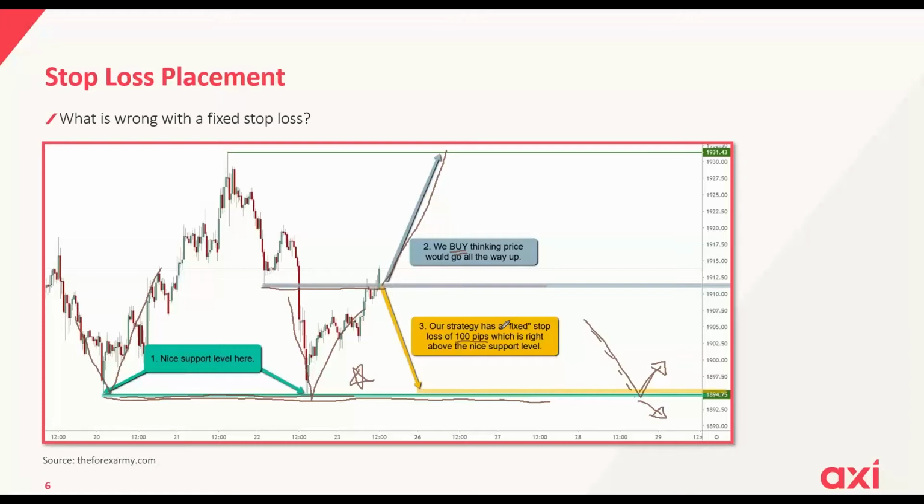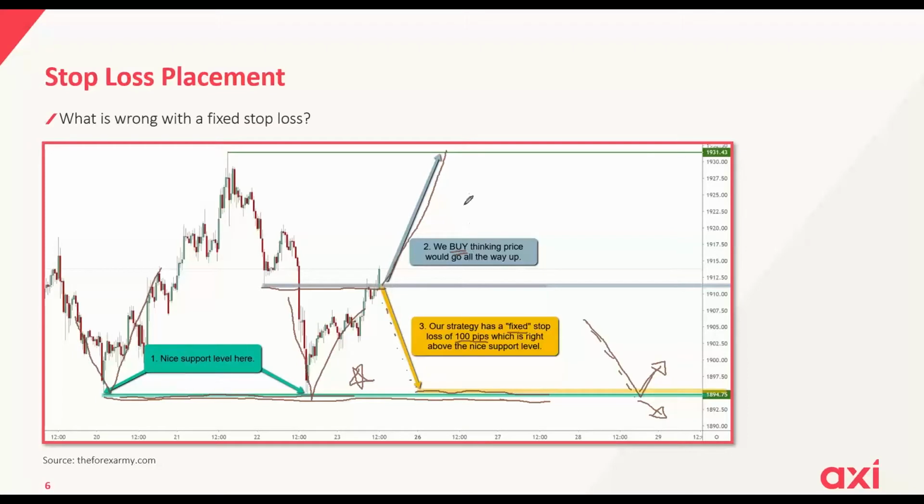Any of that nonsense they tell you. So it tells you to put a fixed stop loss of 100 pips, and this fixed stop loss just happens to line up directly above this key support area.